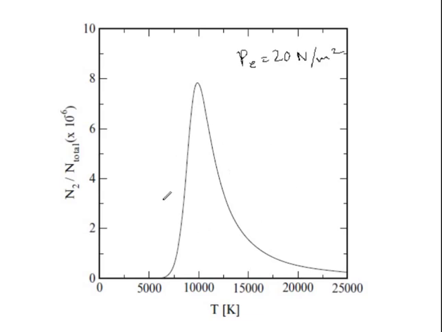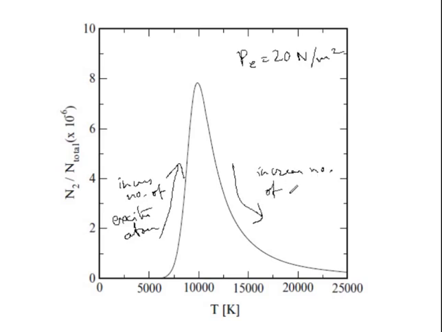So this rise is due to the increased number of excited atoms, and this decrease at higher temperature is due to the increased number of completely ionized atoms.